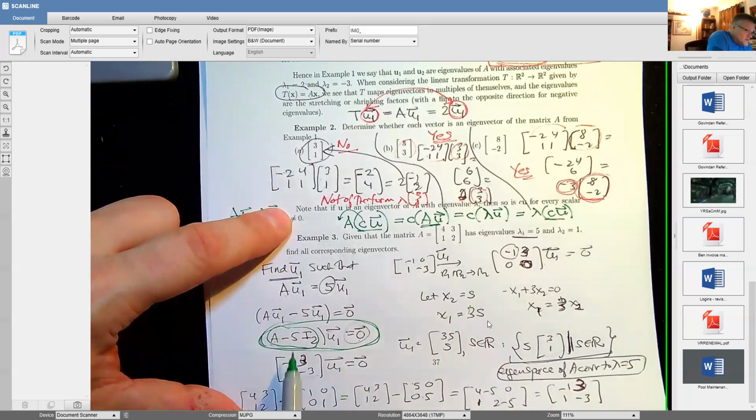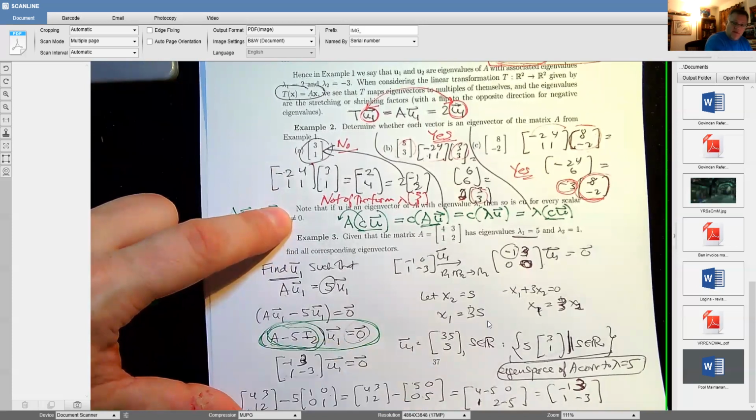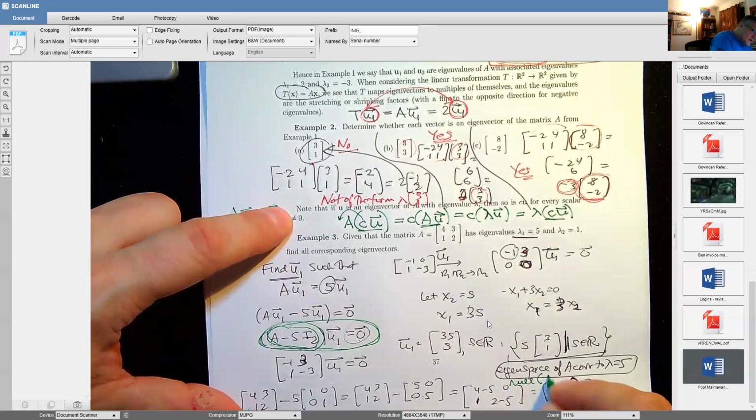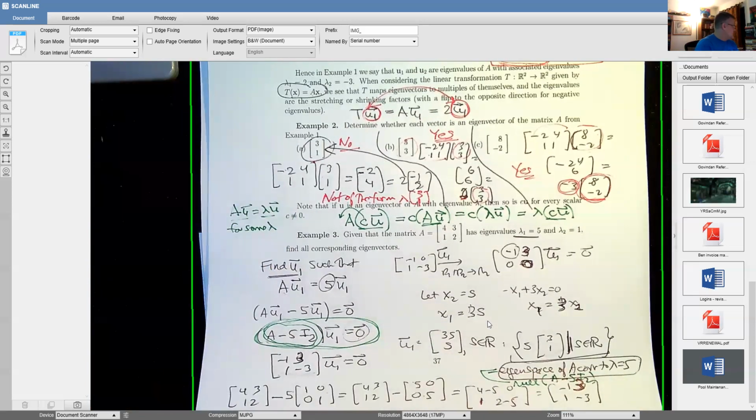And so we know the solutions of that are the null space of that matrix, right? So the null space of A minus 5I2 is the eigenspace for lambda. They mean exactly the same thing.